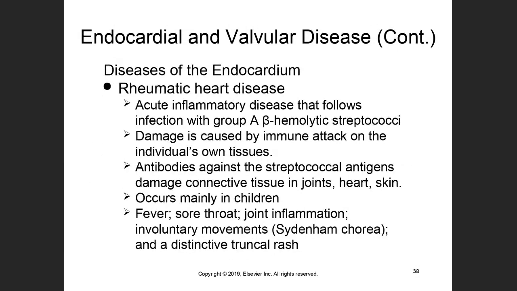Now, with disease of the endocardium, we have rheumatic heart disease. Rheumatic heart disease is an acute inflammatory disease that follows streptococcal infection with group A, okay, and is characterized by fever, sore throat, joint inflammation, chorea, that's involuntary movement of the limbs, and murmur, okay?